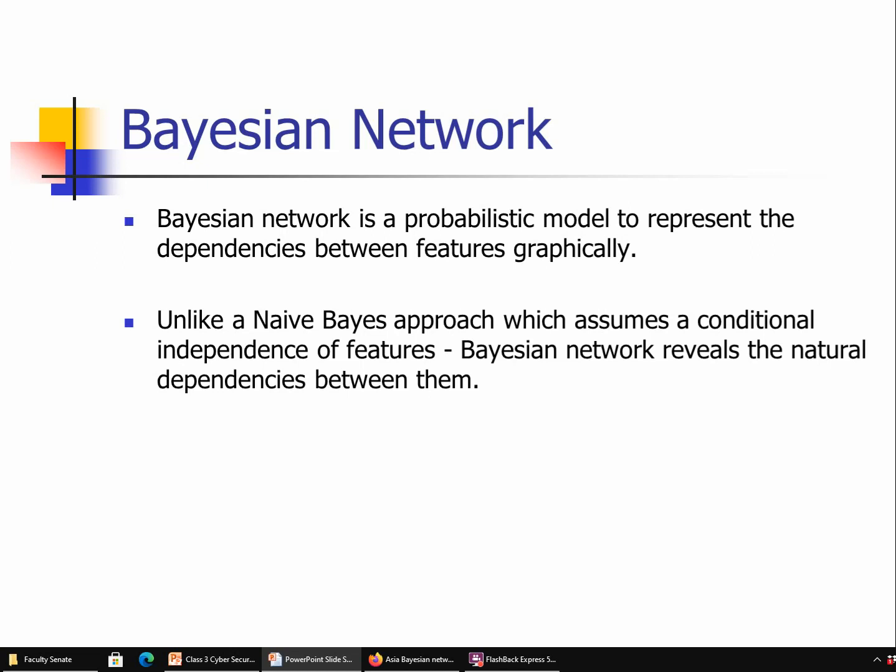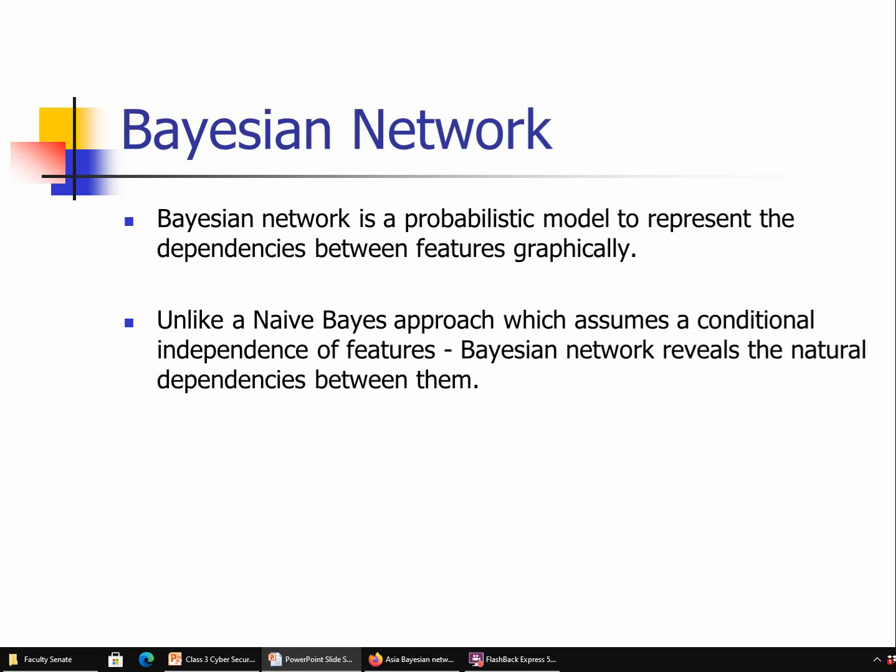The Bayesian network does this differently, in that it reveals the natural dependency between them. The concept in a Bayesian network is that probably all the attributes are not totally independent. Some of them are related to others.